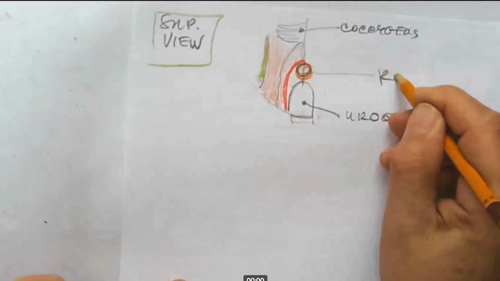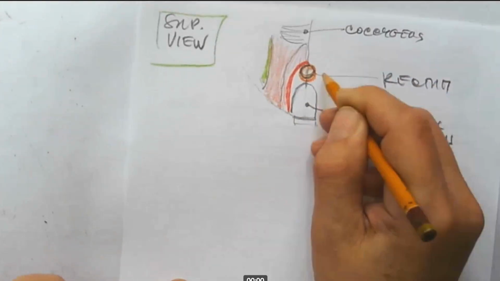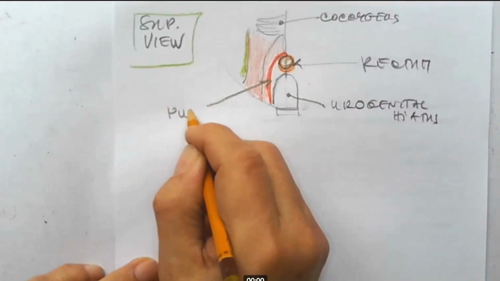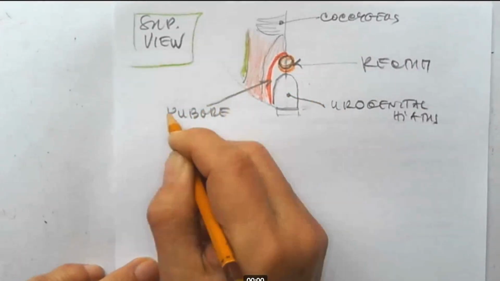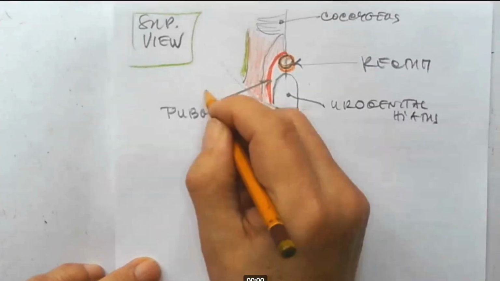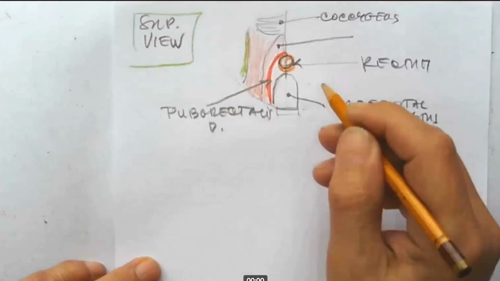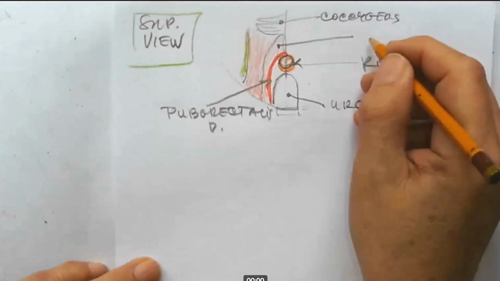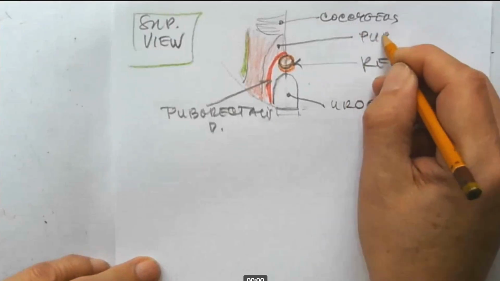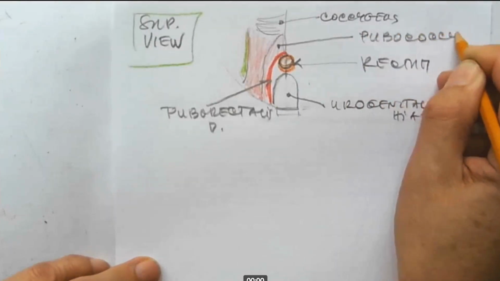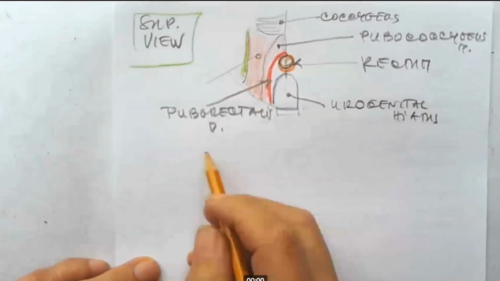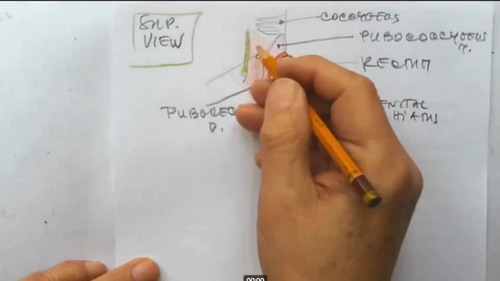Here we see the rectum on section, and the muscle around the rectum is called the puborectalis muscle. The following one is called pubococcygeus, just for completing information. And the last portion of the levator ani is the iliococcygeus, the largest one.